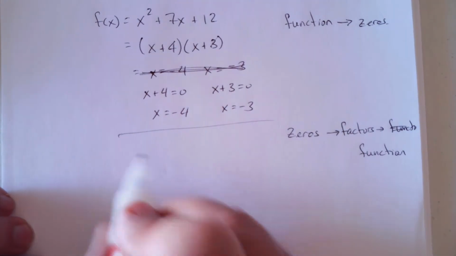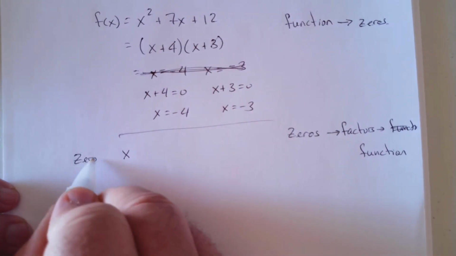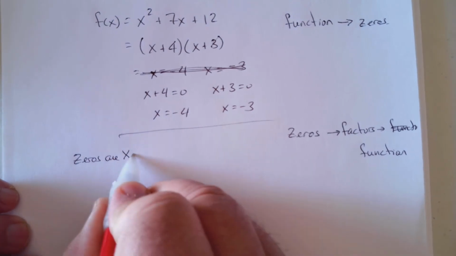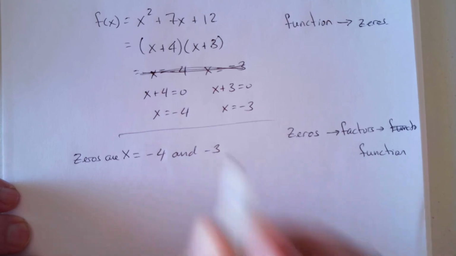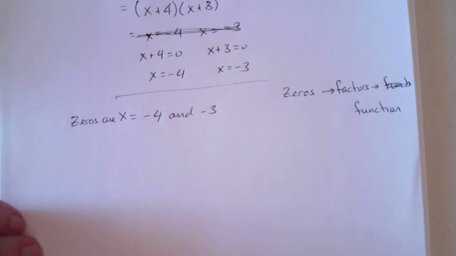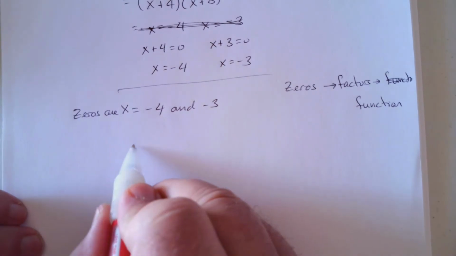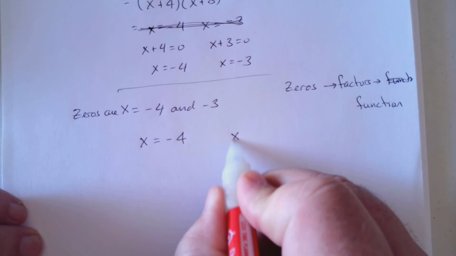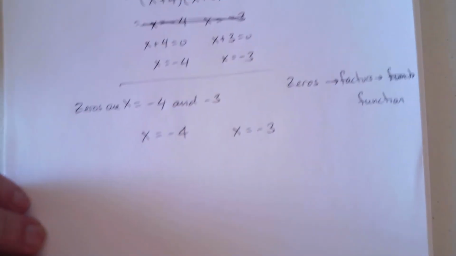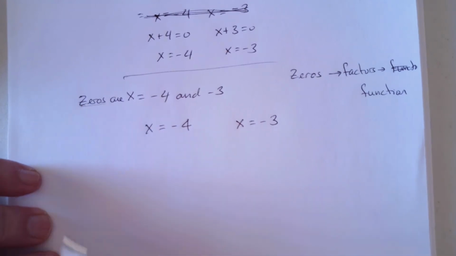So look at this. If I give you zeros, let's say the zeros are x equals -4 and -3. Let's work backwards. So if there's zeros, that means we know that x equals -4 and x equals -3. Let's make them 0.